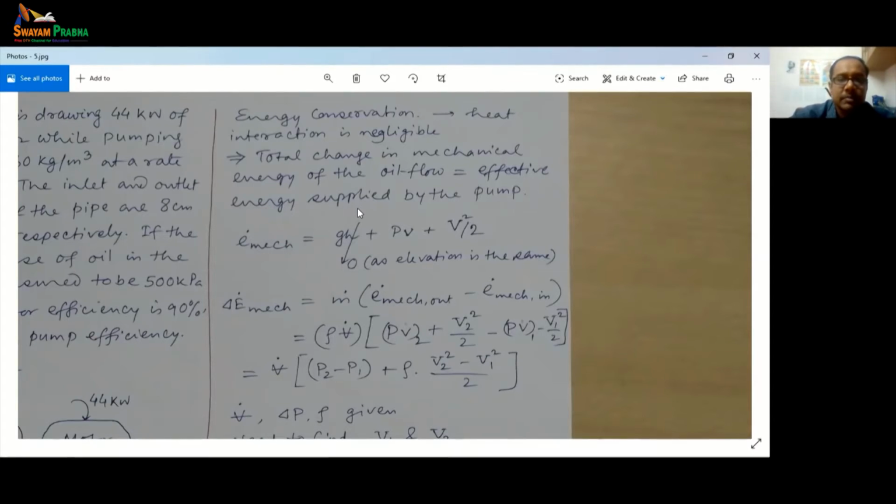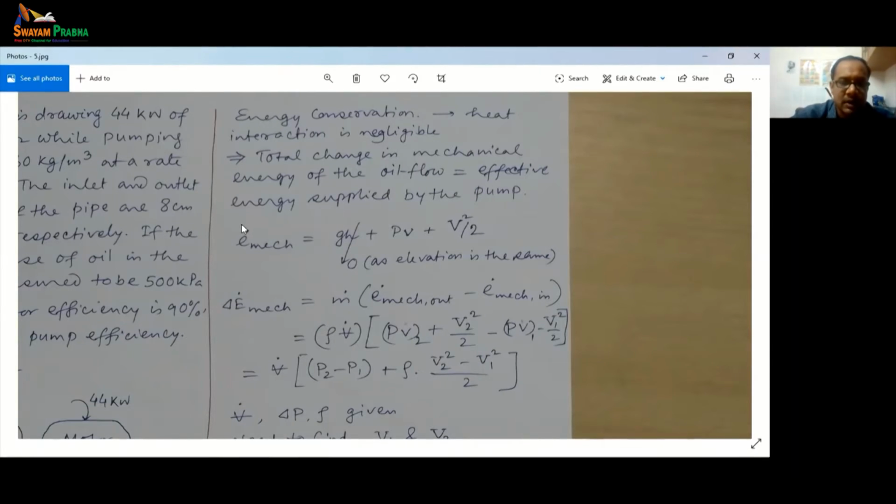Using this effective energy supplied by the pump, we need to find out the efficiency of the pump, right? So what is the mechanical energy of the oil stream? It is the summation of the potential energy gh term plus others, and this is per unit mass, so no density or mass flow rate is appearing.